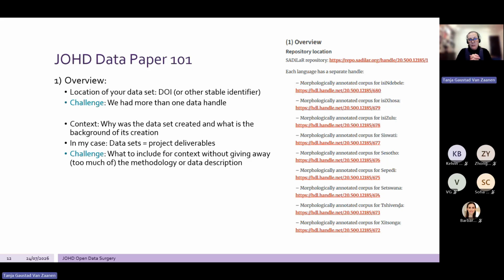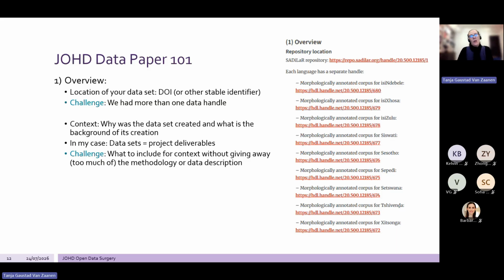And then the context for me was, I usually work on research projects, and the data sets form part of the project deliverables. So in a way, I maybe have an advantage because I know from the beginning of the research project that I will have to have those data sets delivered.